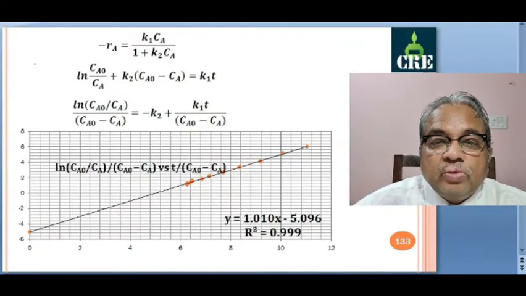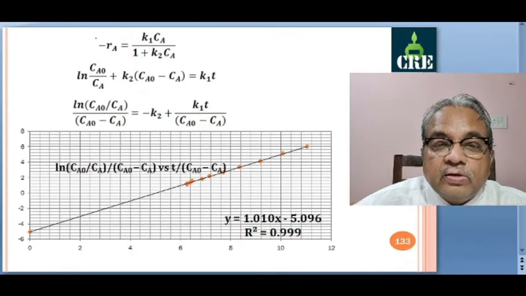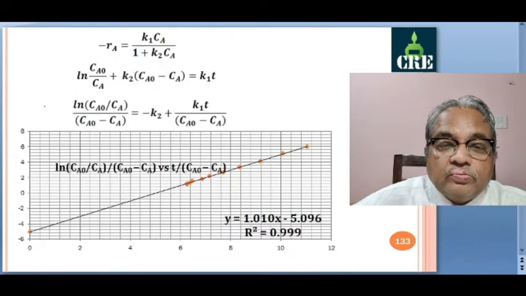So for solving by the integral method, this reaction is of the form minus Ra is equal to K1Ca by 1 plus K2Ca, and we can write the integrated form, and we are choosing this form: ln of (Ca0 by Ca) divided by (Ca0 minus Ca) is equal to minus K2 plus K1 by (Ca0 minus Ca) into t.